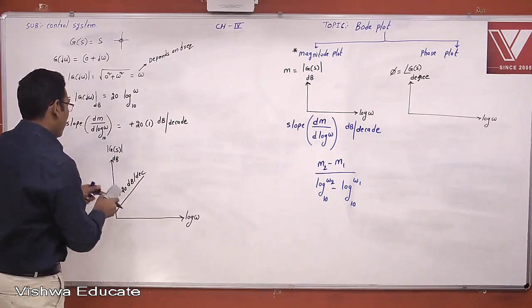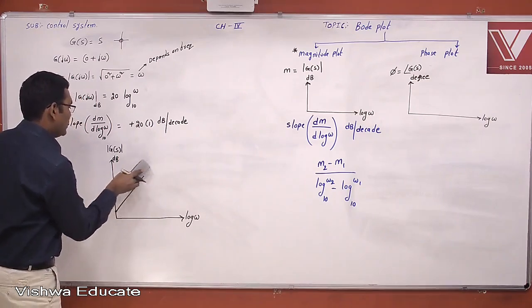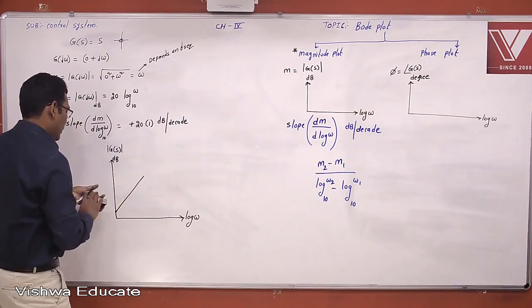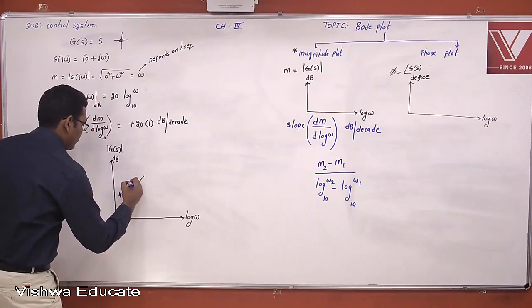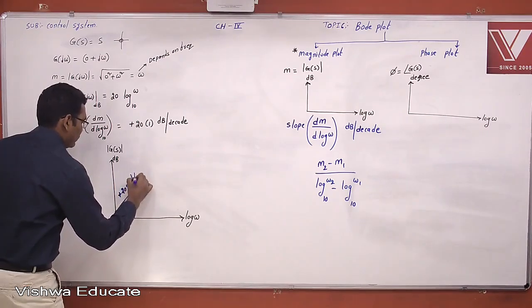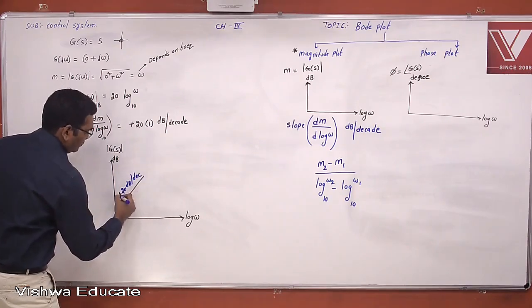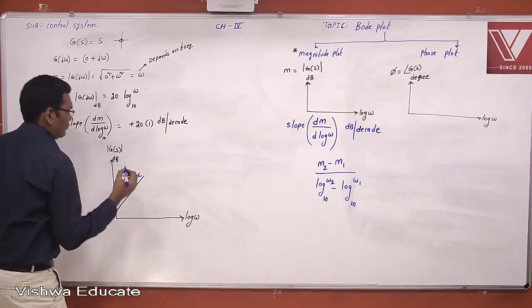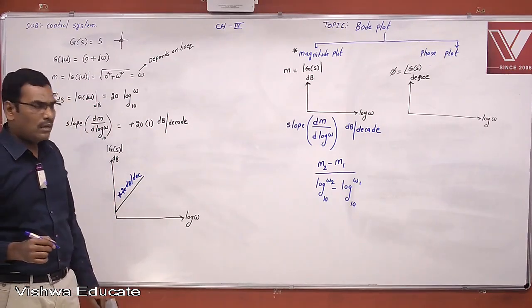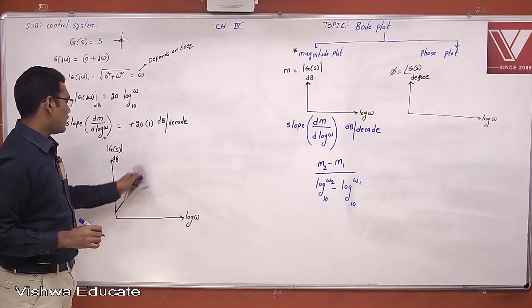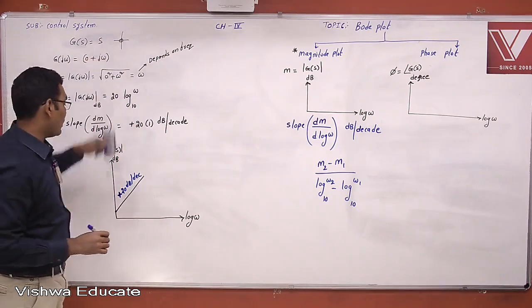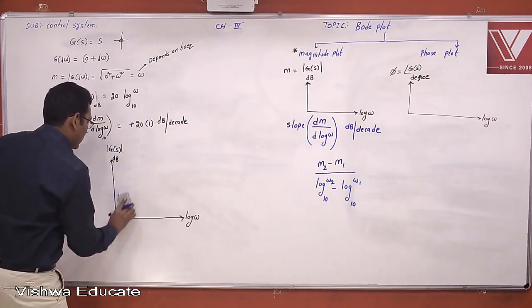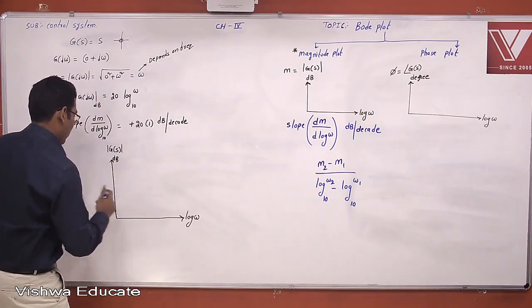This is the positive slope, which is the rising slope. This is the Bode plot of one zero at origin.